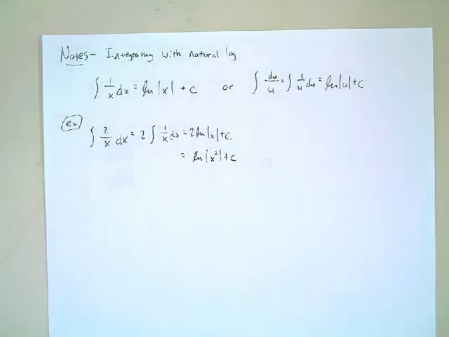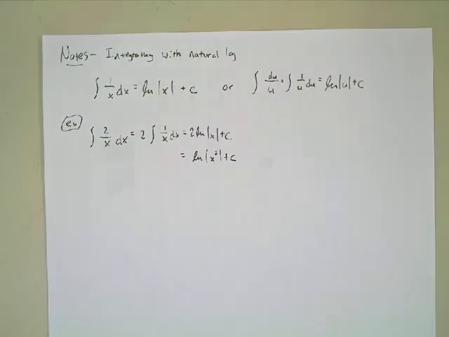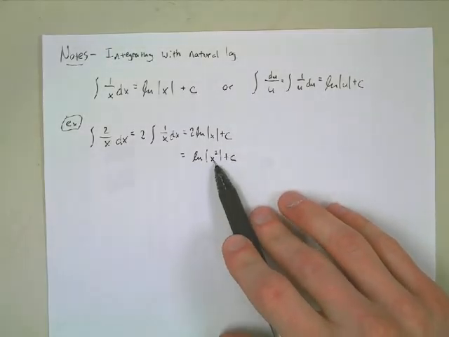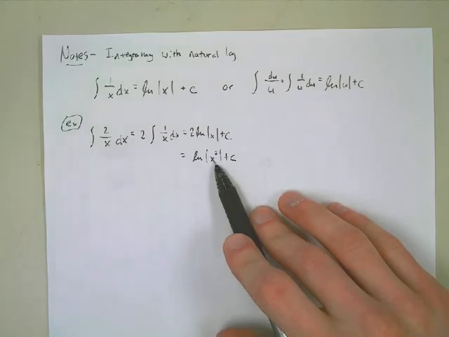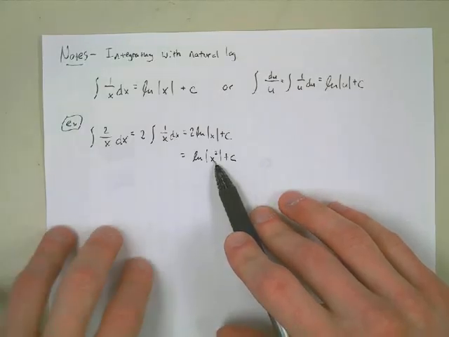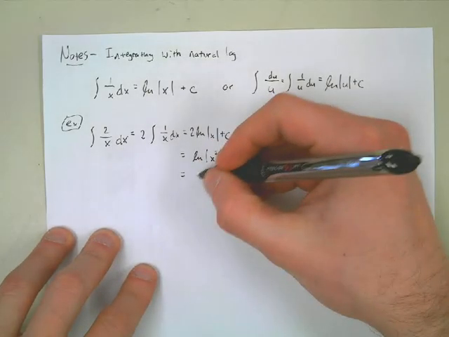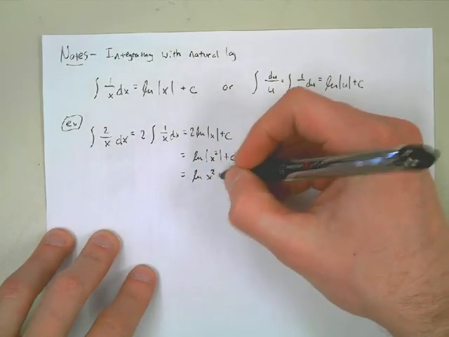And now with it written this way, do I need those absolute value symbols anymore? Why not? X squared will always be positive, right? Granted, we could put an i in there, but in calculus we keep it real, so we don't work with imaginary numbers. So really, this would only need to be natural log of x squared plus c.